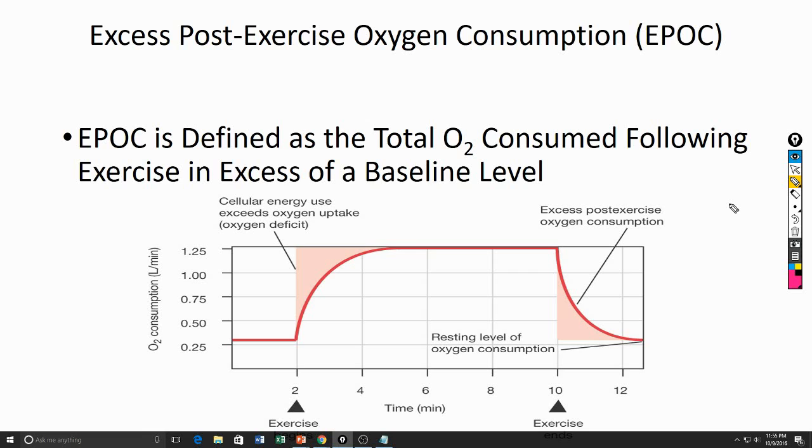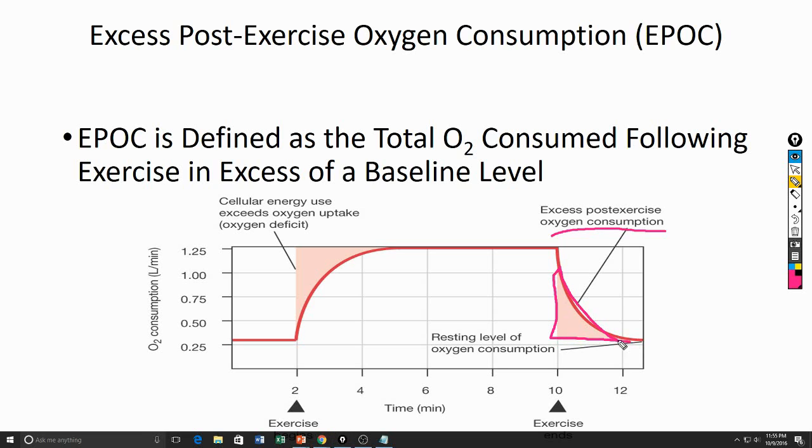At that point you're consuming more oxygen than you need because you're no longer working. You may be sitting down, laying down, slowly walking in circles, but you're not burning a lot of energy, but you're still breathing a lot.